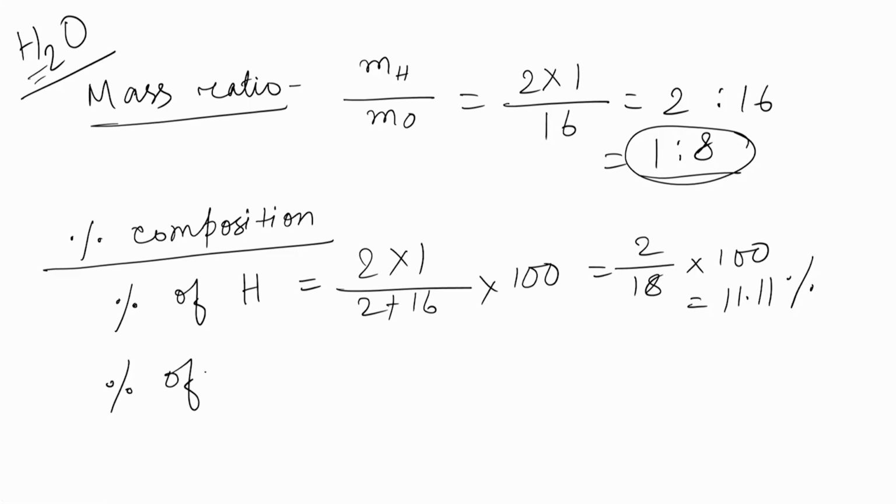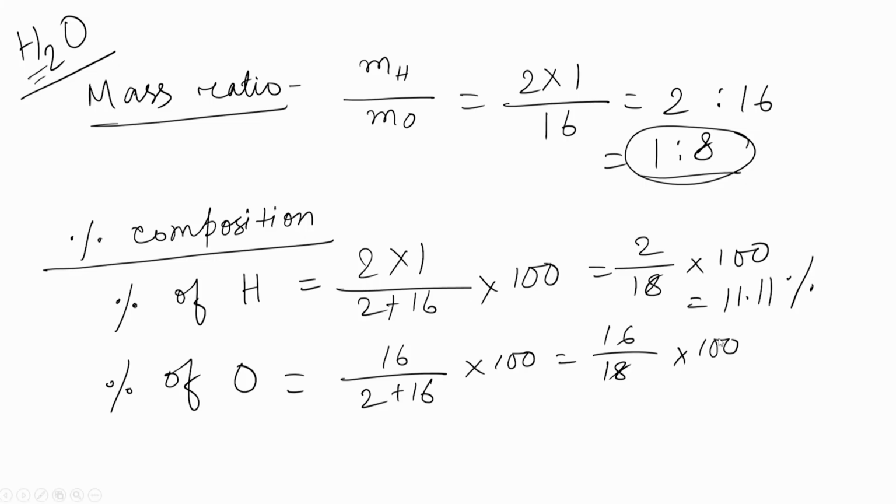The percentage of oxygen. So the mass of oxygen is 16 divided by the total mass, that is 18, into 100. So 16 by 18 into 100. So the percentage comes as 88.88%.